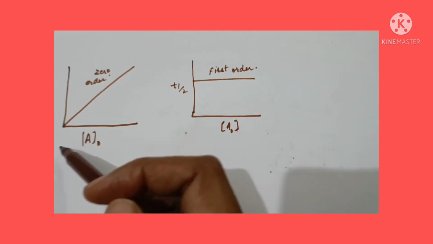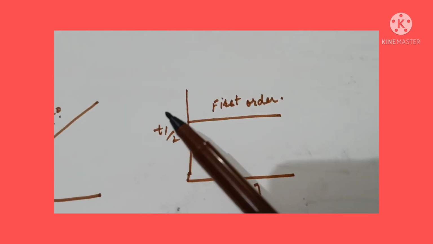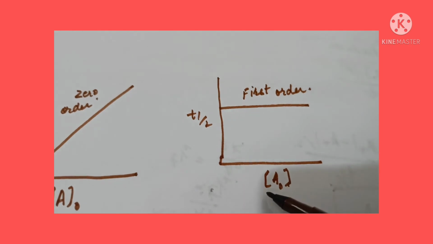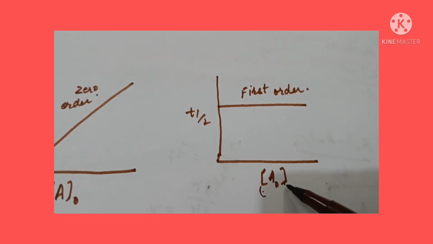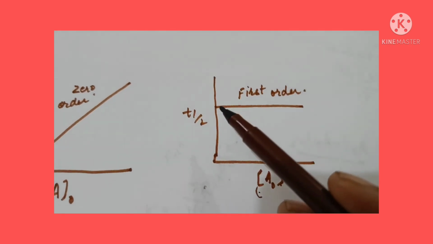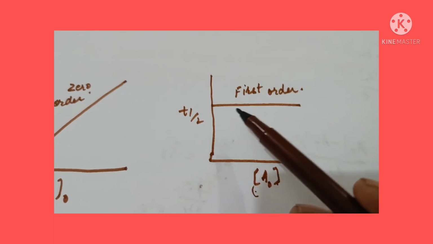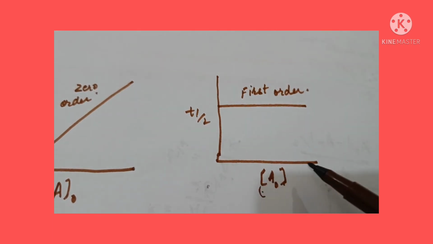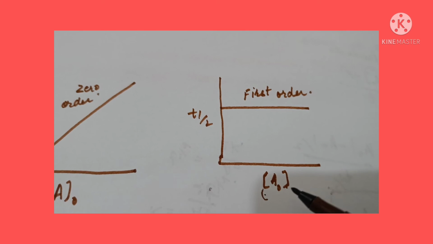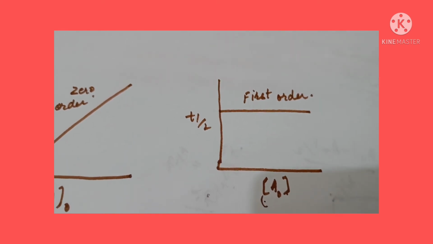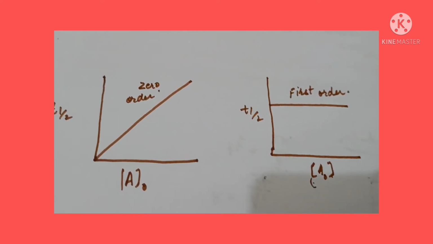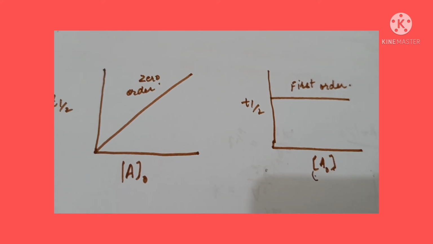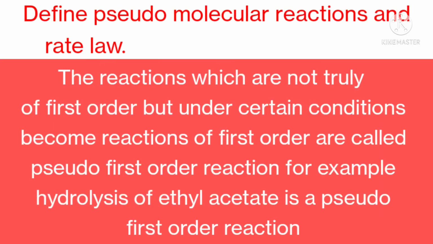Whereas for a first order reaction, the t half value is independent of the initial concentration, and the graph is a horizontal line parallel to the x axis, the A naught axis. So these are the two graphs for zero order and first order reactions.